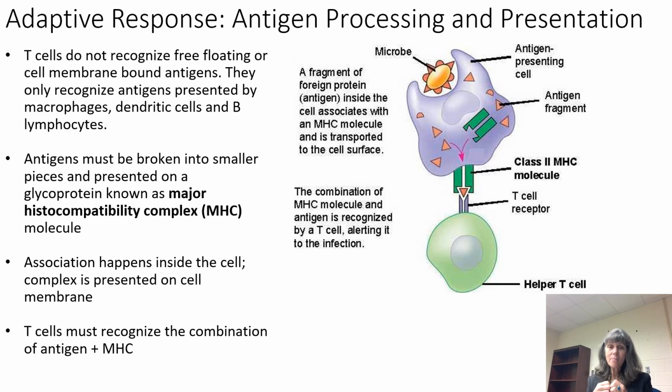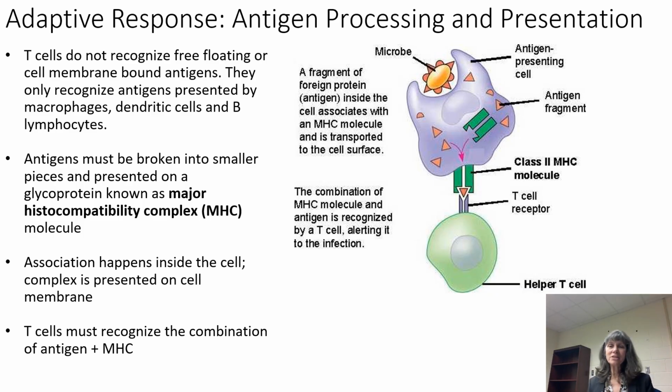And once that happens, the antigens on the surface of the microbe are going to be broken down, and they will be associated or combined with special proteins known as major histocompatibility complex molecules.